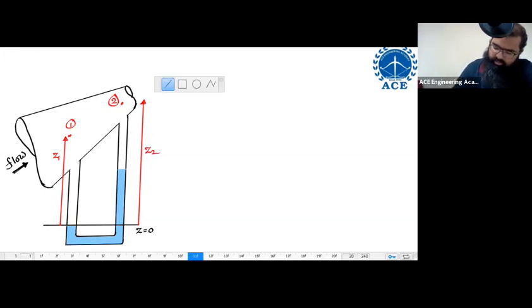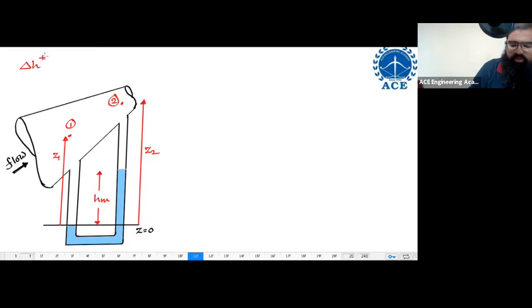Furthermore, let us say I have measured this height also, which is equal to some height hm. Basically I want to get the value of delta H star in terms of hm. You have to memorize the formula we are going to get from here.